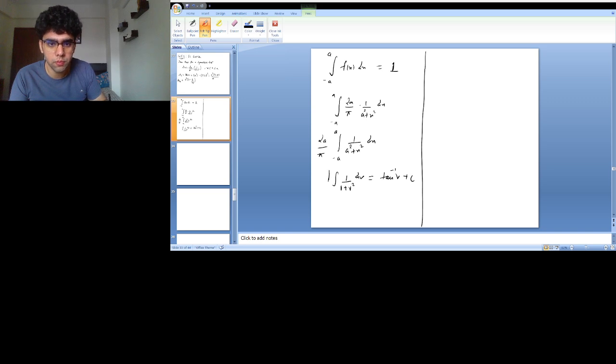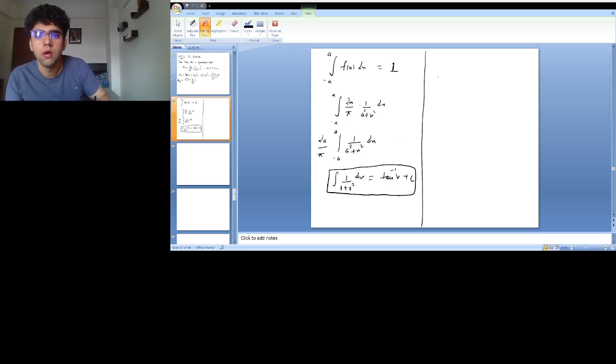We know this is a property; I'm just writing it so that you don't get confused. Now I need a constant term here, and I need 1 here. So I can take a square common. This becomes 2a upon pi, and a square comes out common, with limits minus a to a. This becomes 1 upon 1 plus x upon a whole square dx, right?